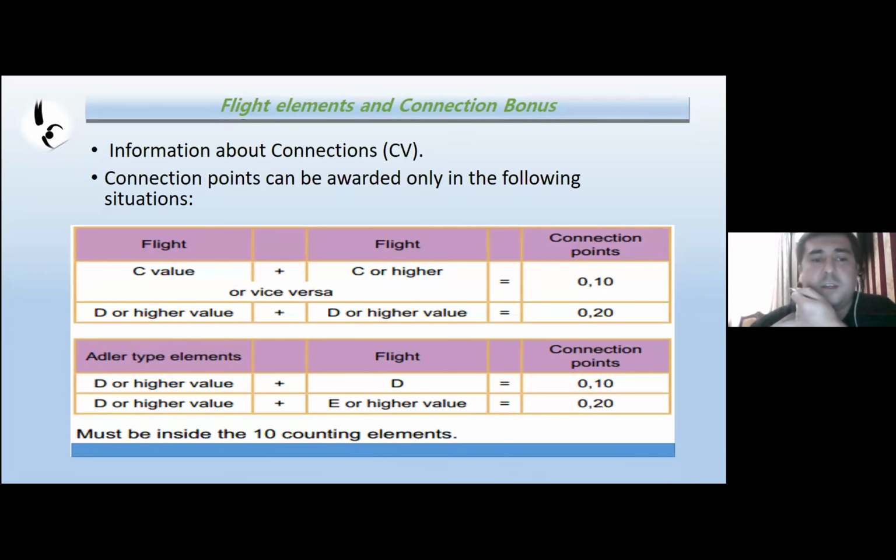And Adler type elements D or higher value plus D flight elements, 0.1; and D or higher value Adler type elements plus E or higher value, 0.2, but must be inside the 10 counting elements.